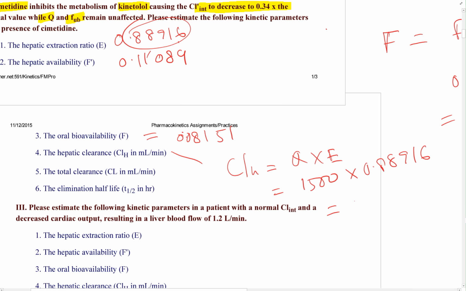This would be 1333.74 milliliter per minute.